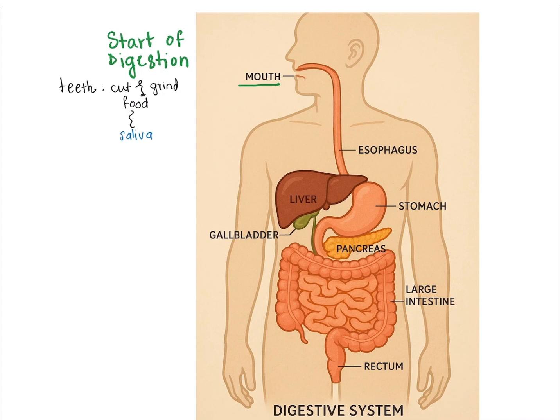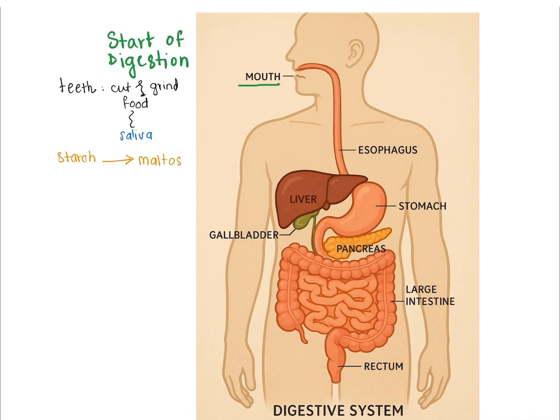There's also chemical digestion that happens in the mouth because of the saliva. Chemical digestion is when the digestion involves enzymes and acids to break down the food molecules into absorbable forms.